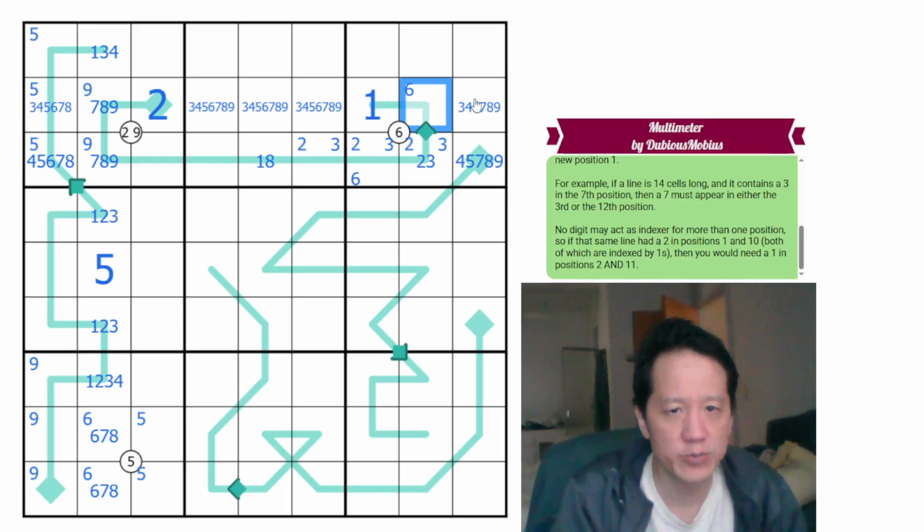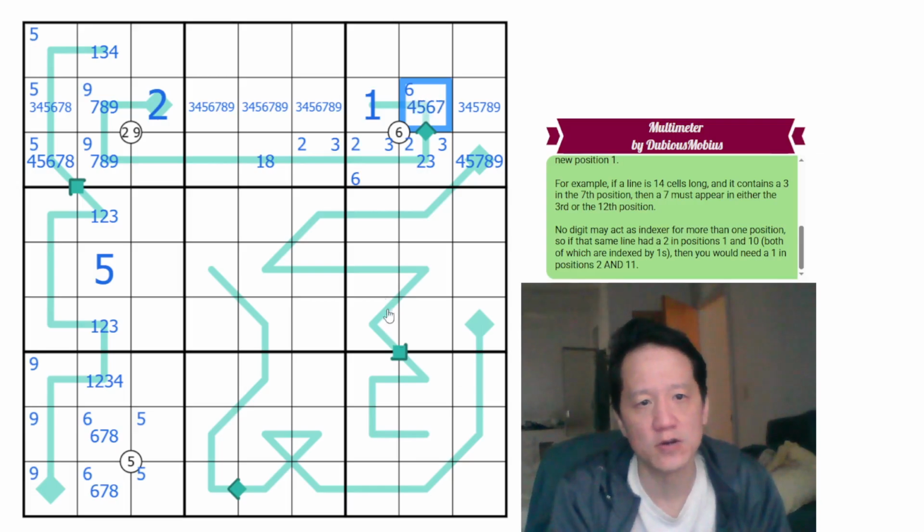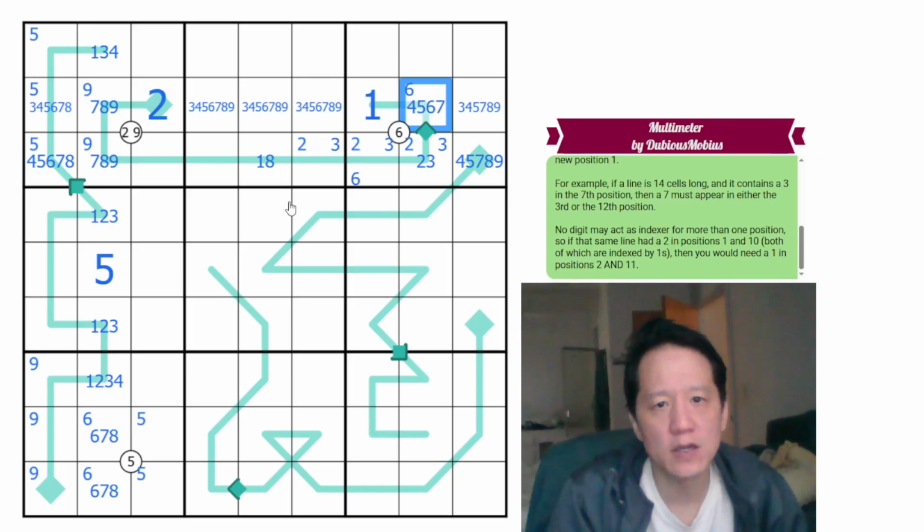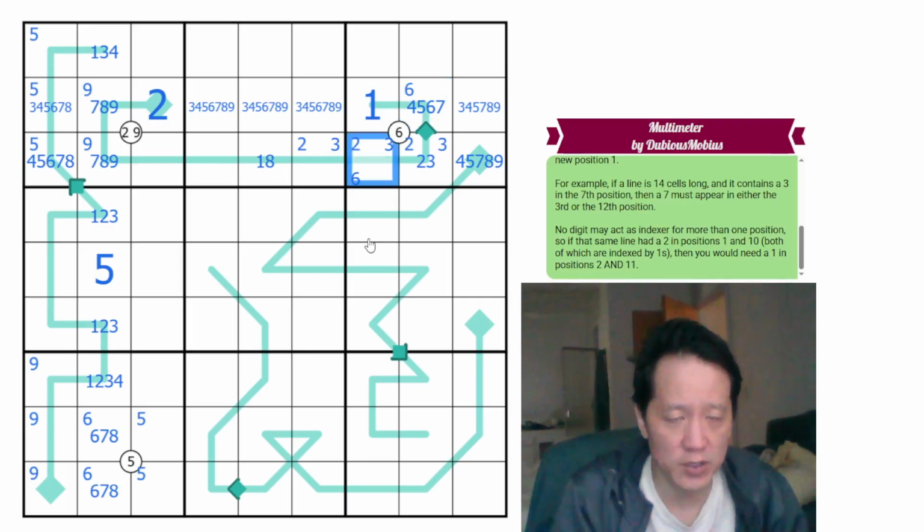Well, it could be 6. It could be 4, 5, 6, 7. So this is 4, 5, 6, or 7 here. It cannot be 8, because that would be here, and that's not allowed.